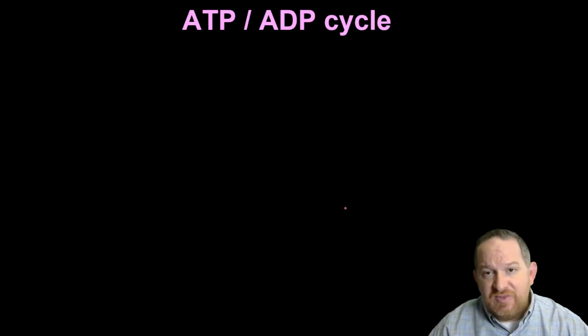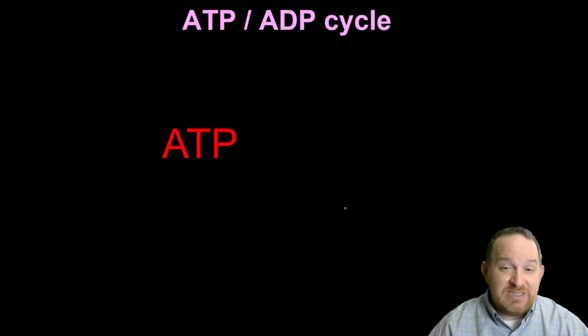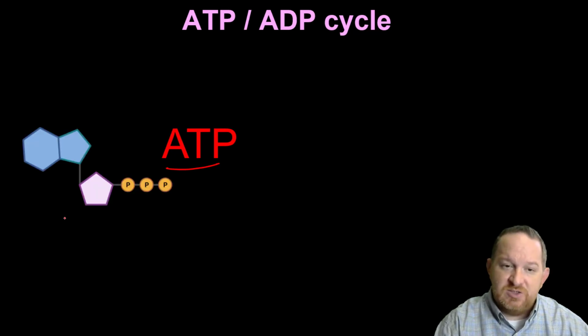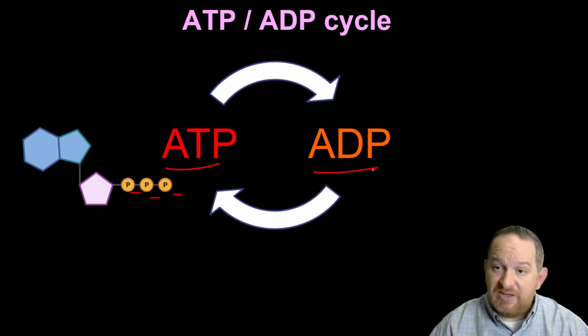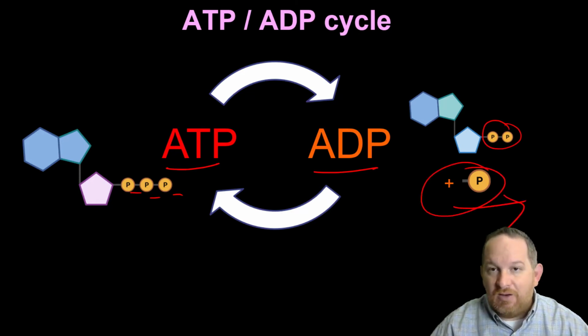So this cycle, I think, will make sense to you now. If we have ATP and we lose a phosphate, there's ATP, there's its 1, 2, 3 phosphates. If we lose a phosphate, it will go down to ADP, so you've got the two phosphates there plus that phosphate group that left. Then what happens?